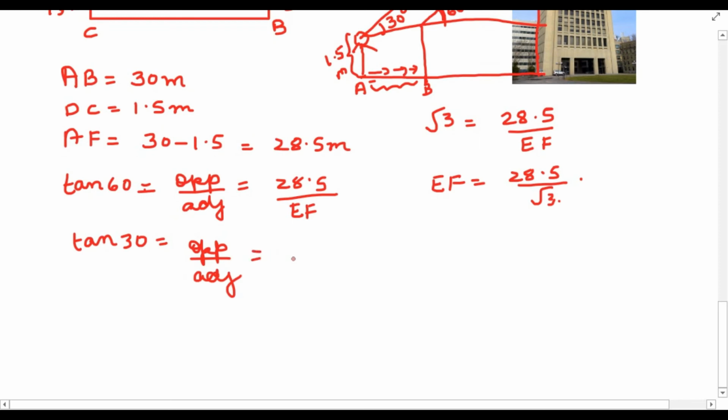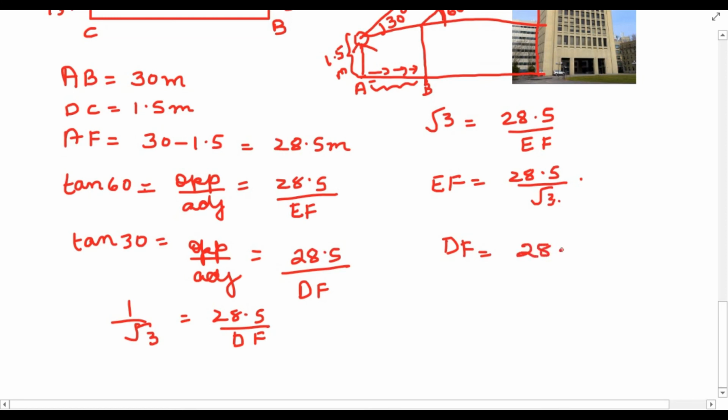Opposite side is 28.5 and adjacent side is DF. DF value also we don't know. Tan 30 is 1 by root 3 equal to 28.5 divided by DF, or DF is equal to 28.5 into root 3.